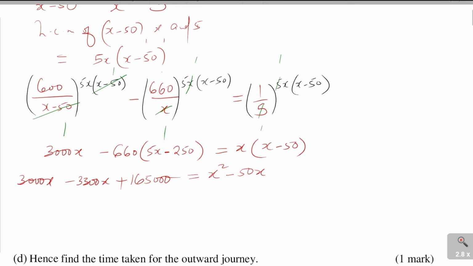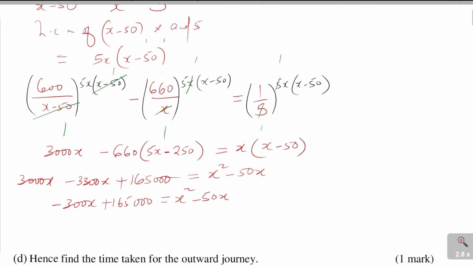So from there, 3000 minus 3300, that will be negative 300x plus 165,000 is equal to x squared minus 50x.